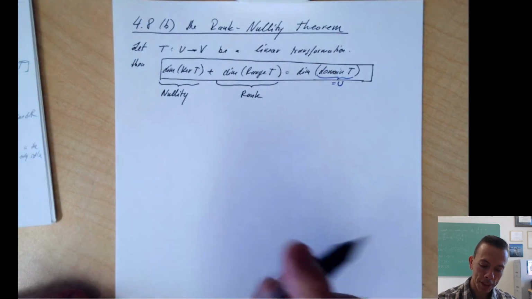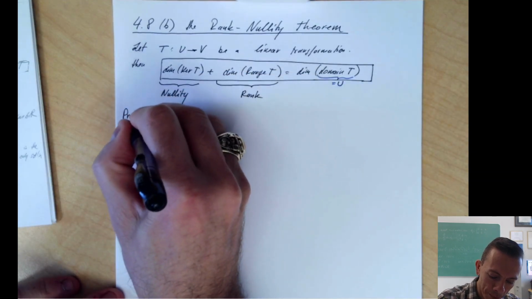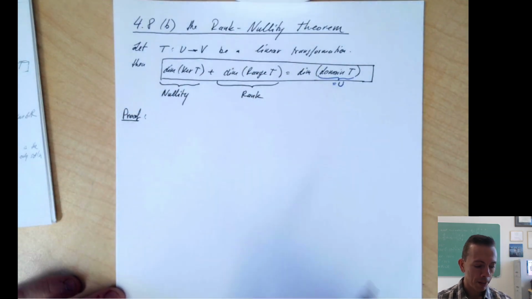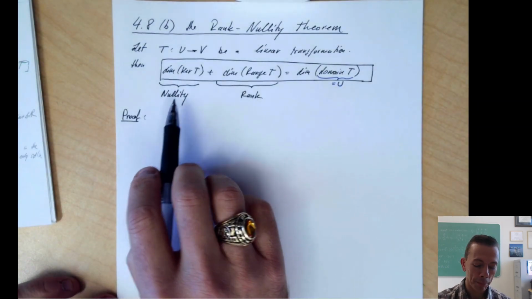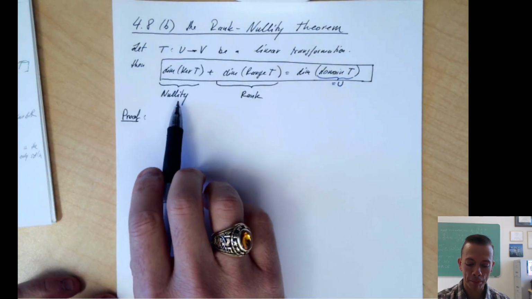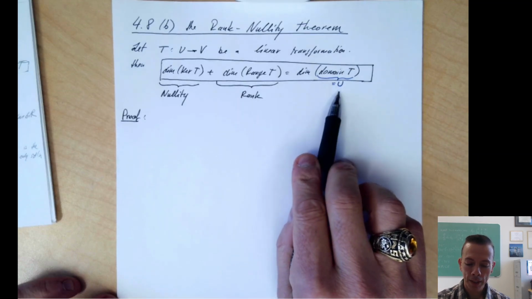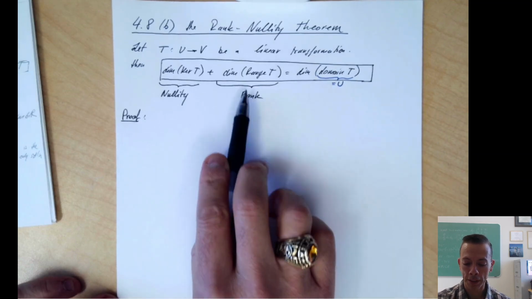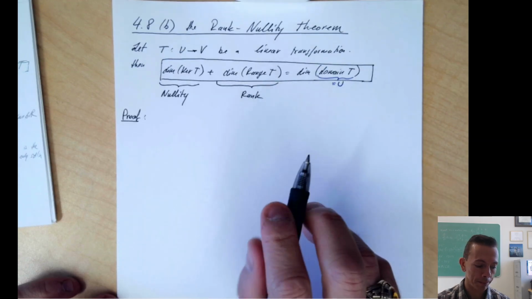So to prove this theorem, we're going to assume that the dimension of the kernel is some quantity m, and that the dimension of the domain is n, and then we'll prove that the dimension of the range has to be n minus m.